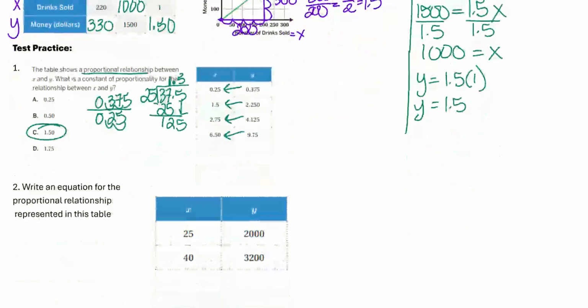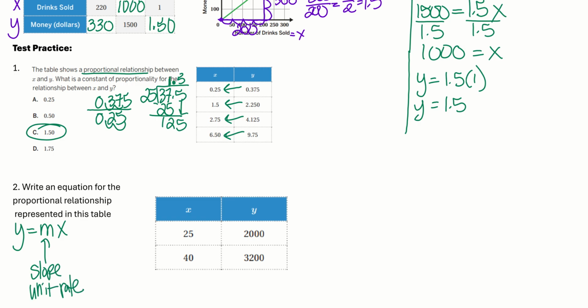All right, last one says write an equation for the proportional relationship represented in the table. So remember from up above, I told you it was y equals mx. And then this is our slope or our unit rate. And when we say it's proportional, we can do this ratio of y's over x's.